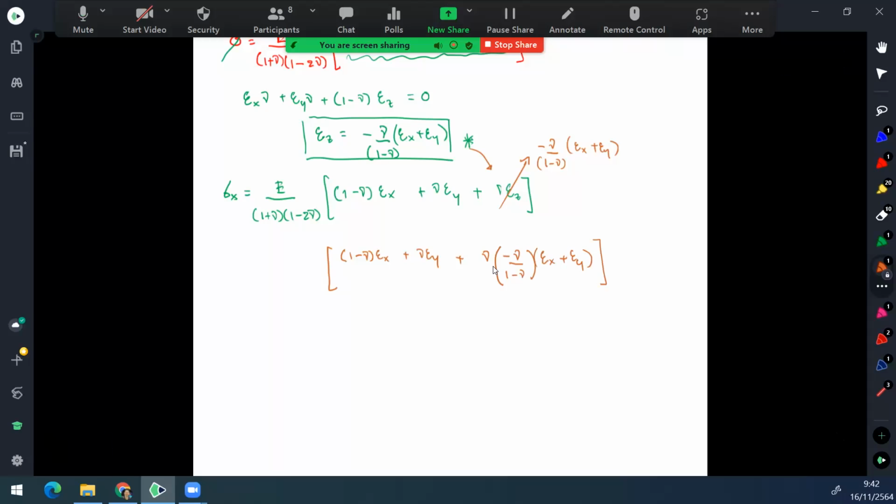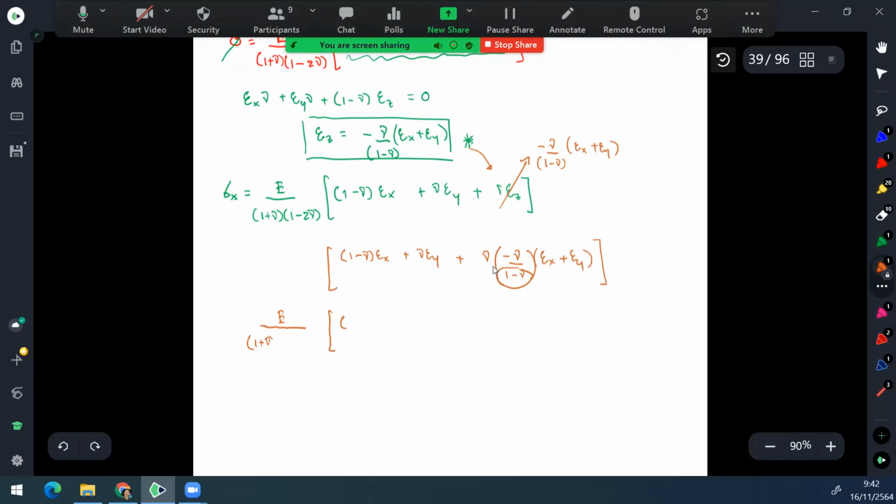So this term becomes E, and we rearrange it to be 1 plus nu, 1 minus 2 nu and 1 minus nu over here.